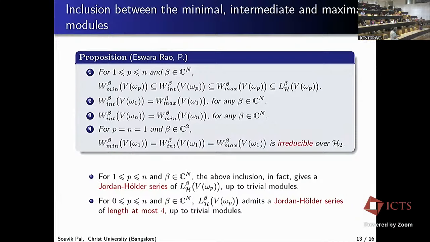But the max and min will only coincide for H2, otherwise they never will. That's right. So it's a possibility, but other than that, it never coincides. So that naturally raises the question: do you know how far min and max are? Is there any explicit computation of how far they are with respect to their dimension?